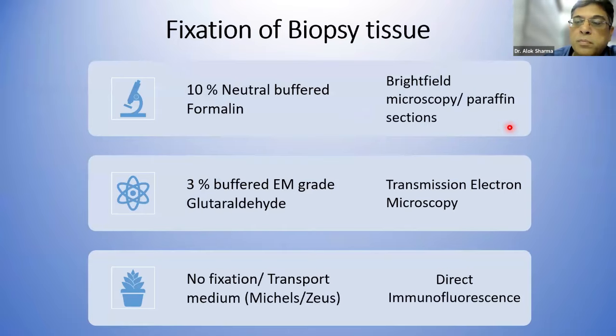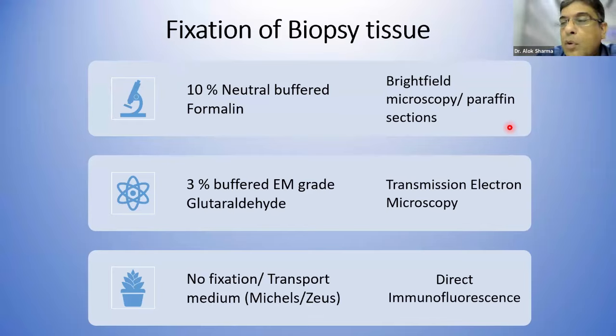Now, unlike many other specialties, upfront you have to have three specimens for the three main modalities which we just spoke about. For light microscopy, you need to take 10% neutral buffered formalin. For EM, you need to take a separate specimen in a separate fixative, buffered EM grade glutaraldehyde solution.